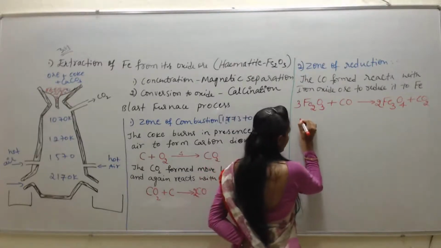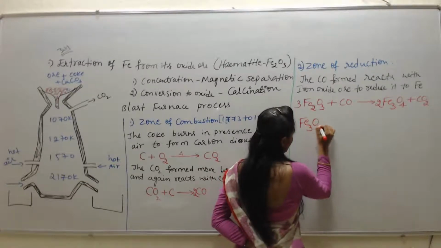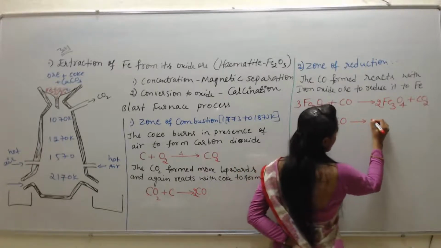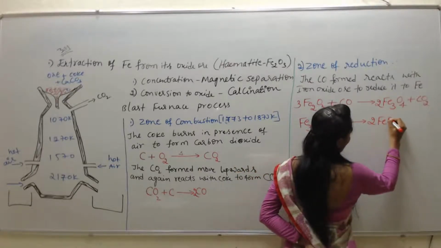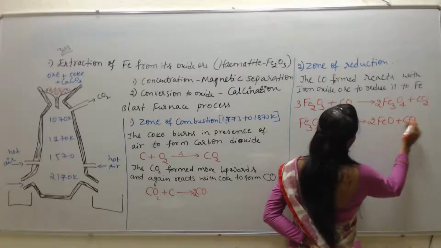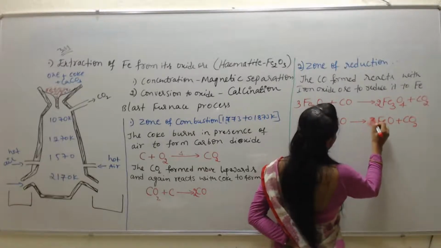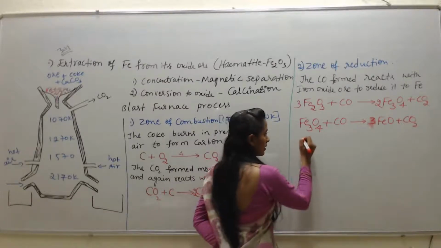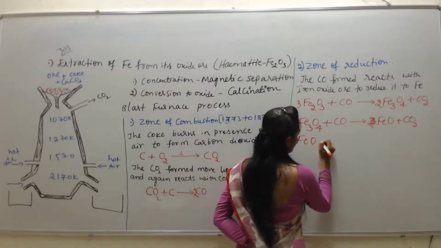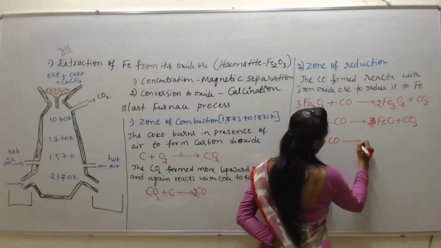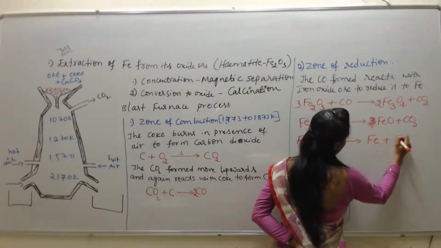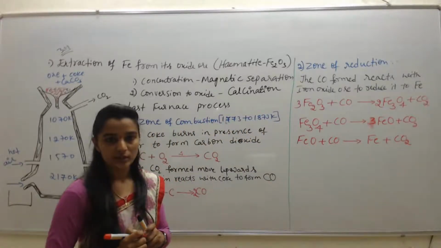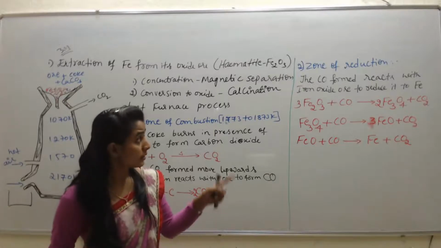Next, this Fe3O4 again combines with CO, forms 3FeO plus CO2. Next, this FeO combines with CO gives Fe plus CO2. So these are the three reactions taking place under this reduction zone.